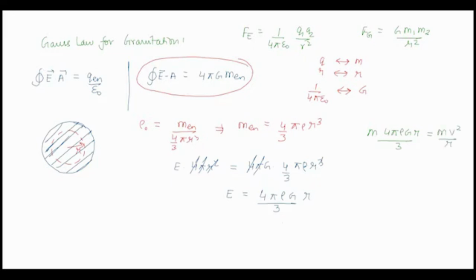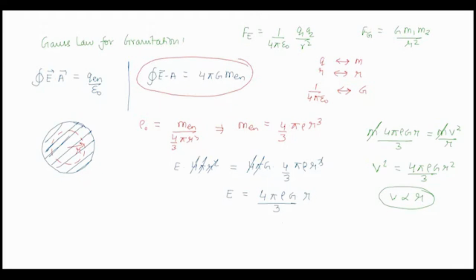So m and m can be cancelled out, and we get v square equal to 4 pi rho G r square by 3. So v is proportional to r for any point inside the sphere.